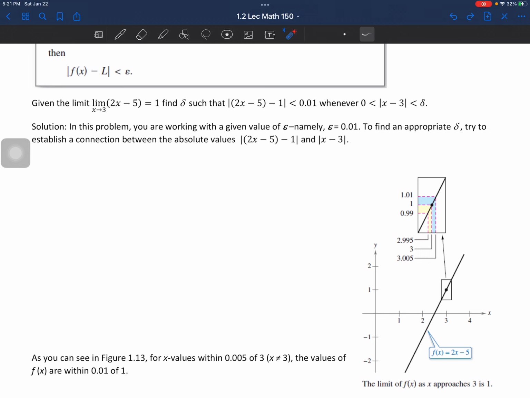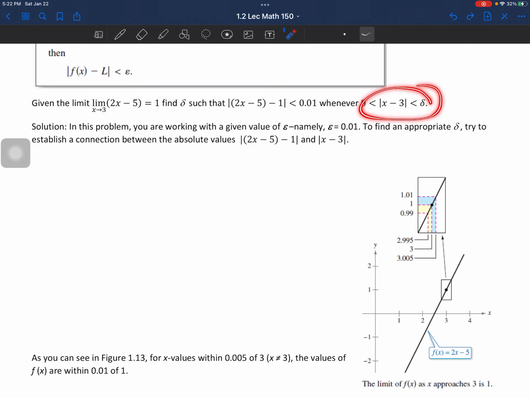Given the limit of 2x minus 5 equals 1 as x approaches 3, find delta such that the difference between 2x minus 5 and 1 is smaller than 0.01 whenever x minus 3 is smaller than delta.